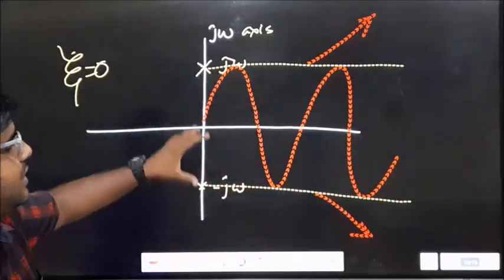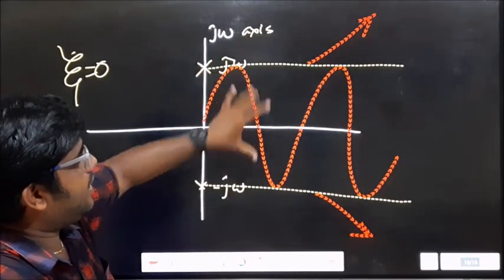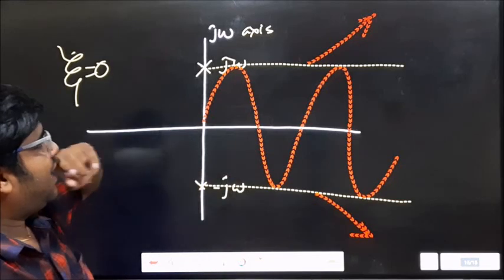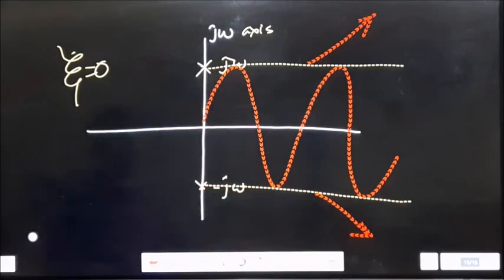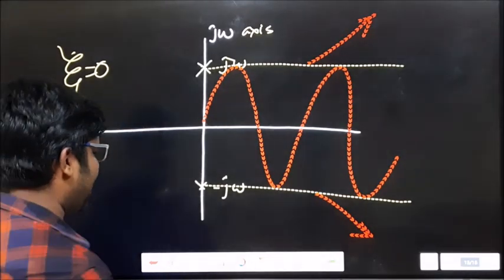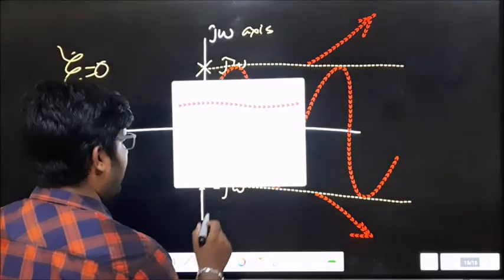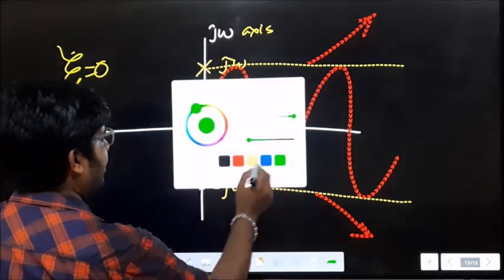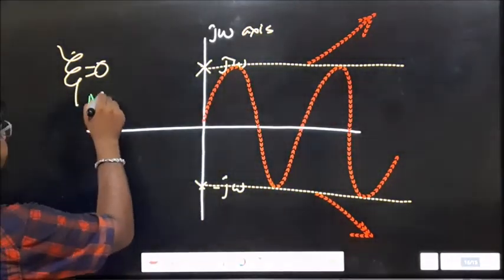So as the oscillation is in between two boundaries, in between the margin of these two lines, this kind of system is called a marginally stable system.